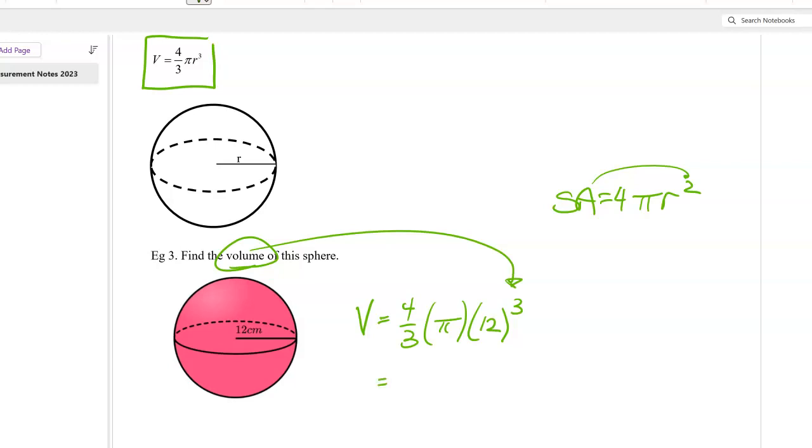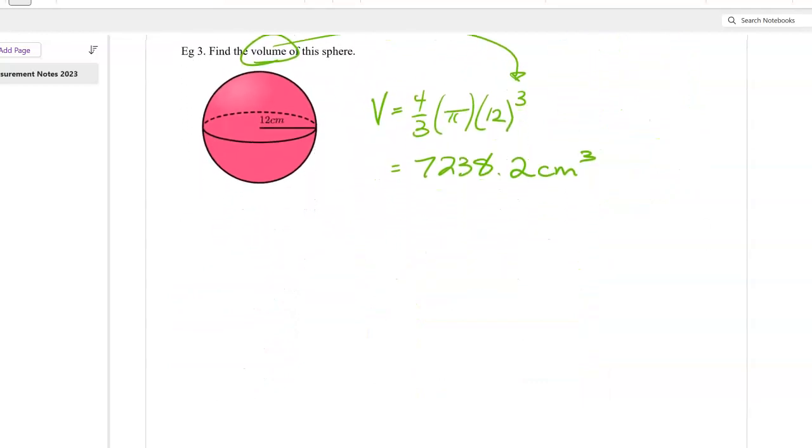So let's put this in the calculator. And I get a pretty big number. And it's centimeters cubed. All right?